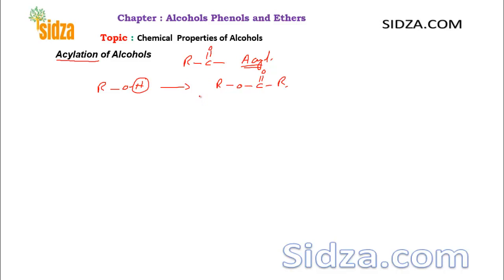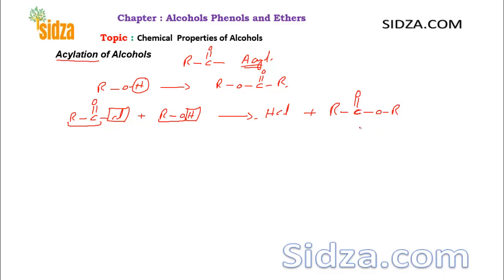And how is acylation done? Acylation can be done when you react acid chlorides, RCOCl, with alcohols. The hydrogen here reacts with the chlorine and you get HCl. What else do you get? Now you have an acyl group, RCO. The RO group will attach to the acyl group and you get an ester.